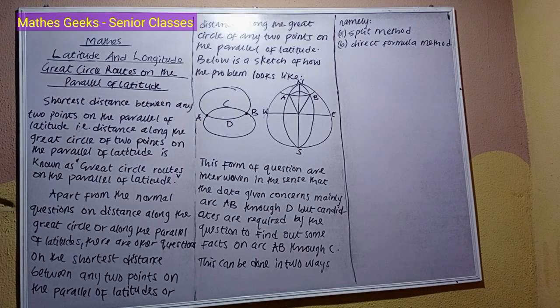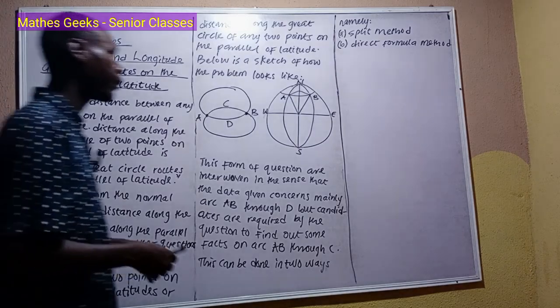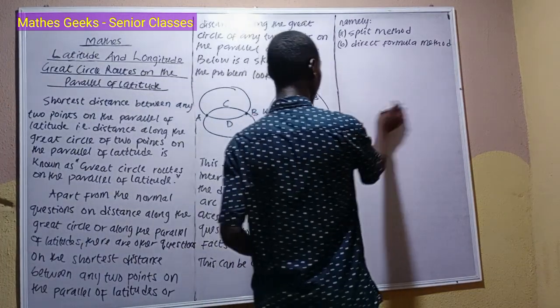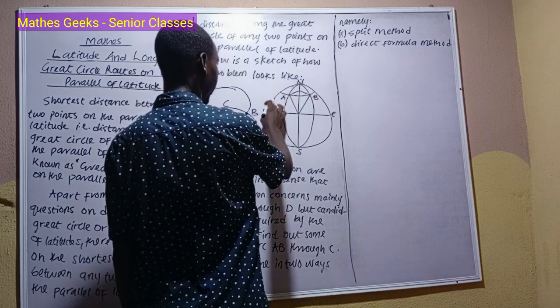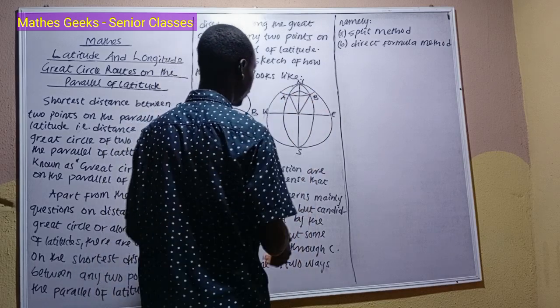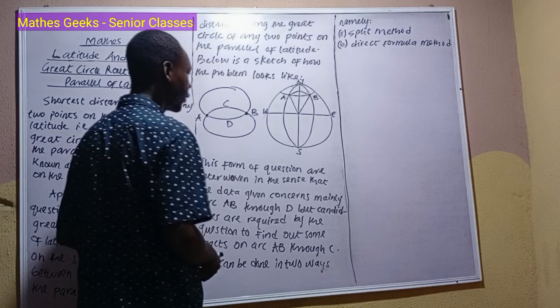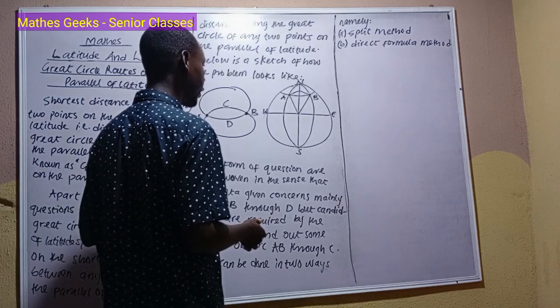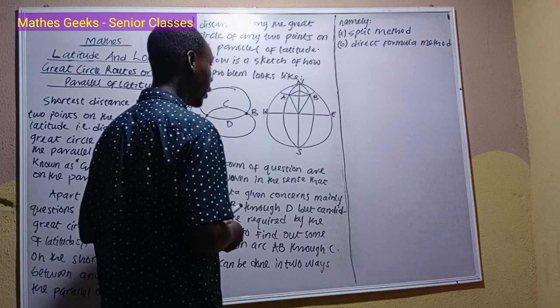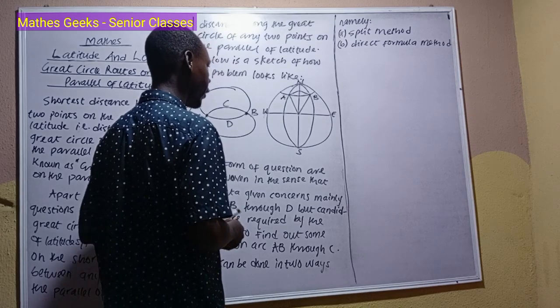Below is a sketch of how the problem looks. So what this implies is that usually, whenever 2 points lie on the parallel of latitude, the question is usually about determining the distance between A and B along the parallel of latitude.